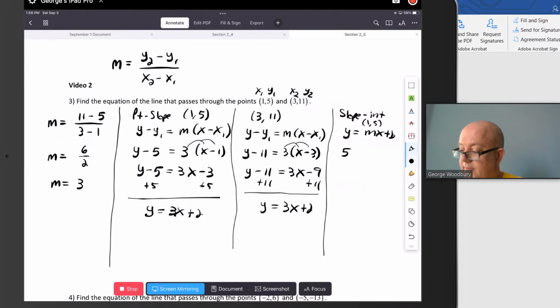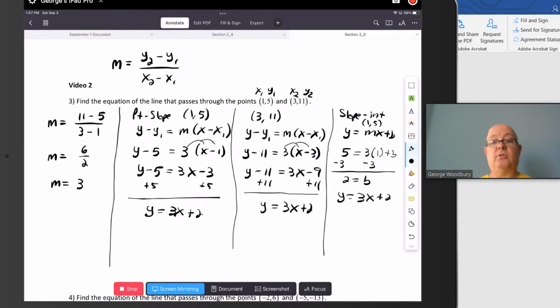So I put in the 5 for y, 3 for m, which we found at the beginning, 1, which was our value of x, plus b. 3 times 1 is 3, so if I subtract 3 from both sides, I find that b is equal to 2. And my equation is y equals 3x plus 2, putting in my slope, 3, and my y-intercept, 2. If I do the other point, 3, 11, I'm going to get the same result.